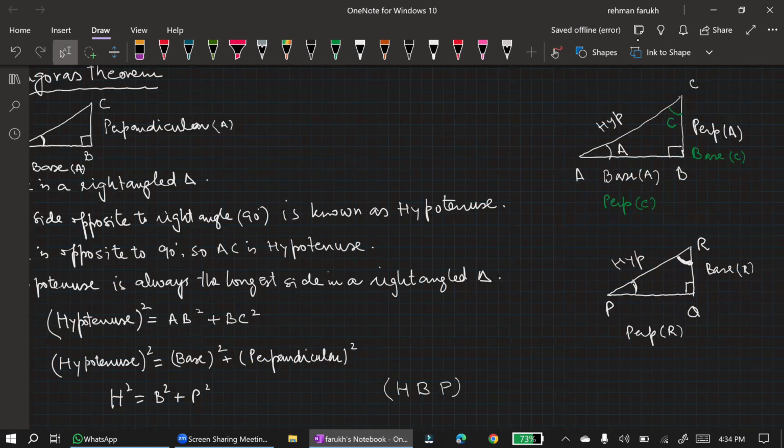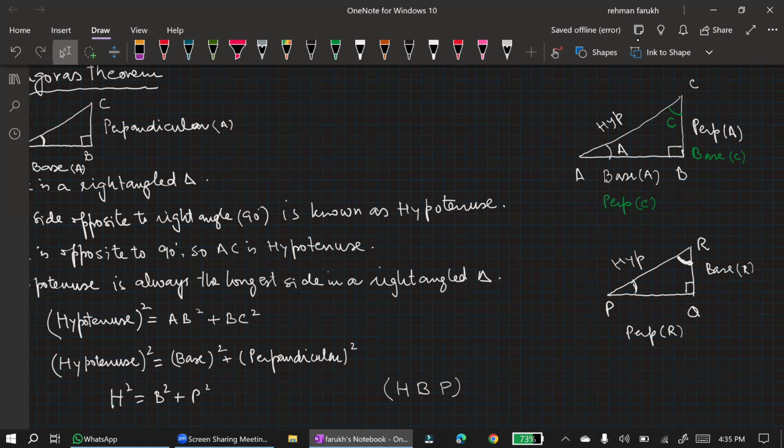Miram, please explain. Sir, it is random. B and P can be any number. Yes, but how can we decide which one is perpendicular or which one is base? We can pick a point, for example, in the triangle PQR, we will consider an angle to name the base and the perpendicular.